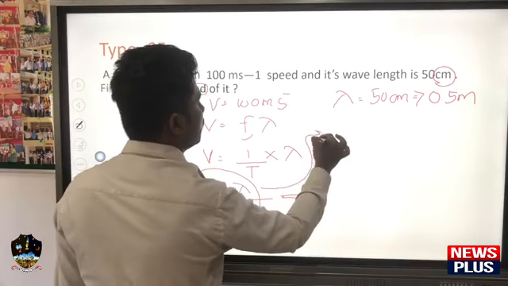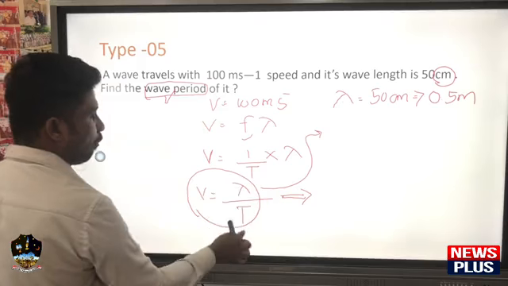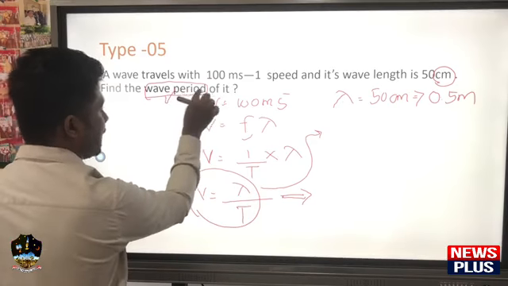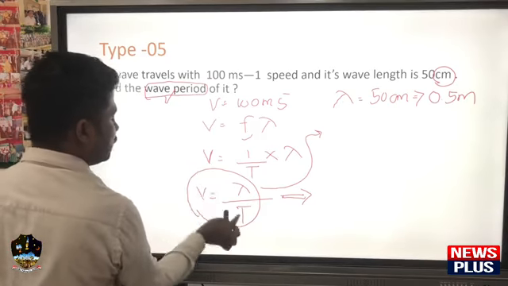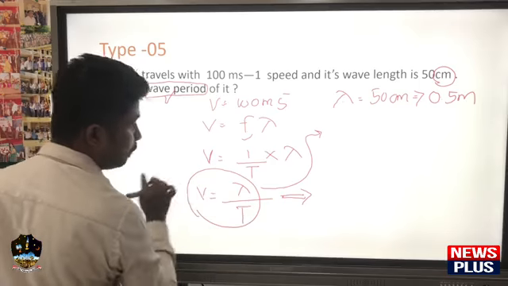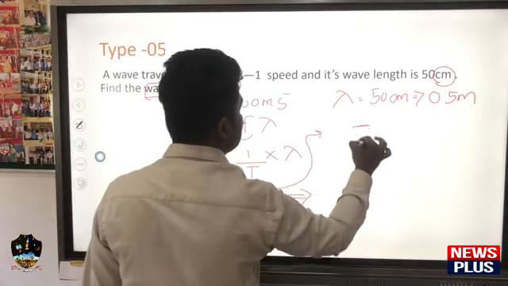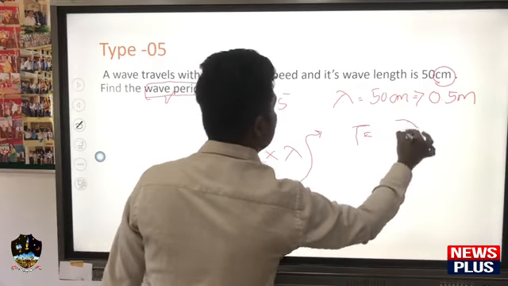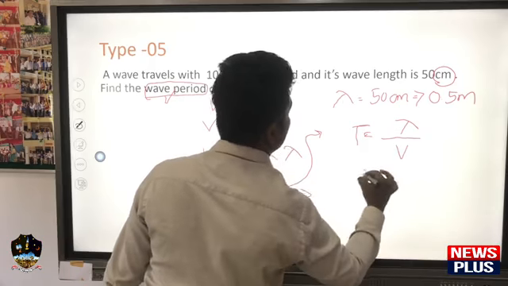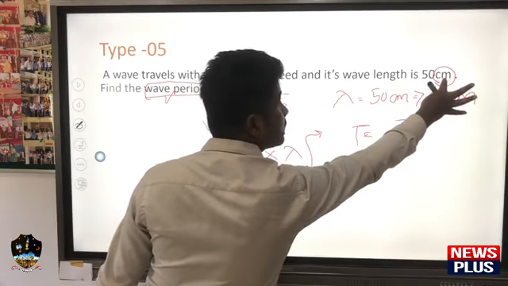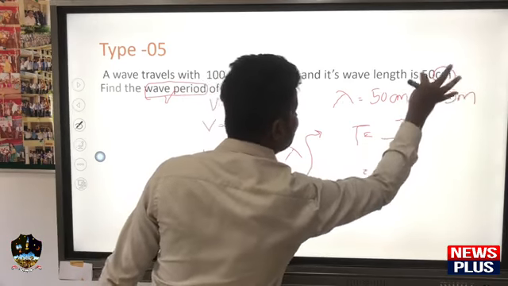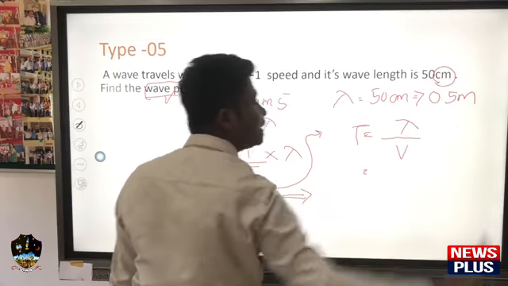Let's do it. V is equal to lambda over T, and the wave period is asked. So T goes to this side and V goes down. So T is equal to lambda over V. Lambda in which unit? If you put 50 centimeter, it is totally wrong.